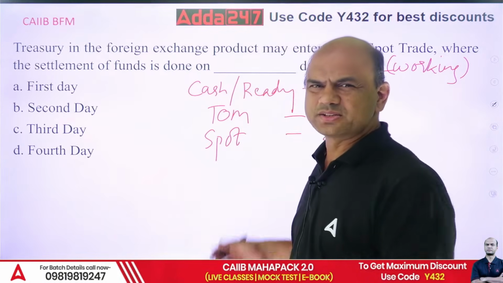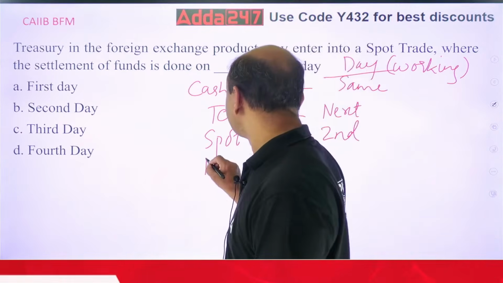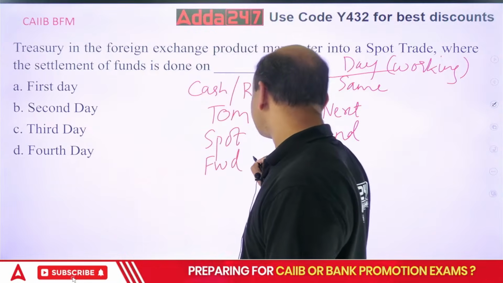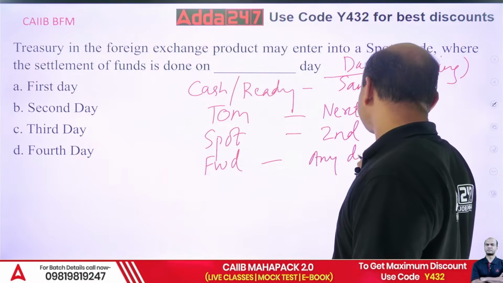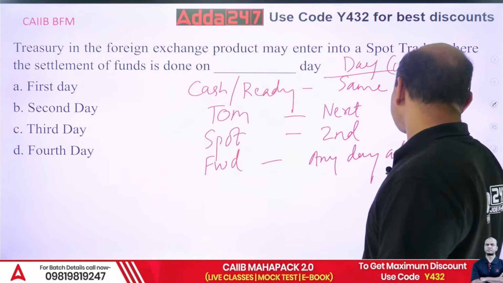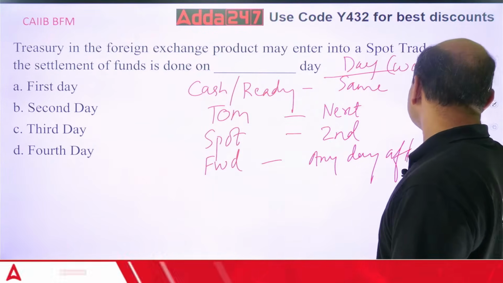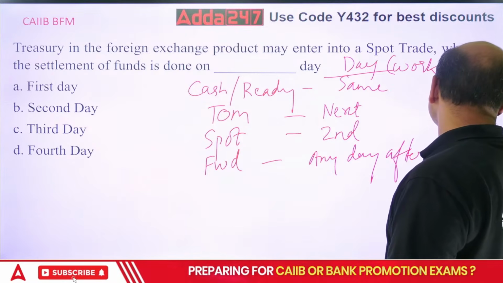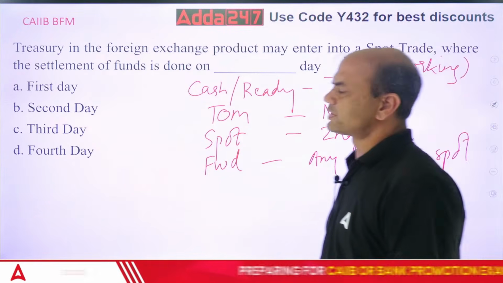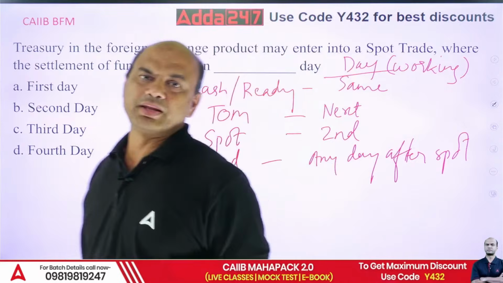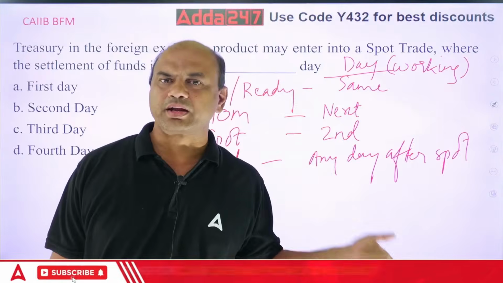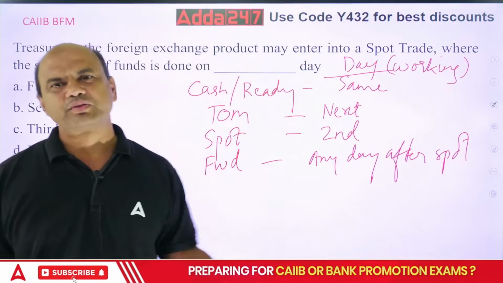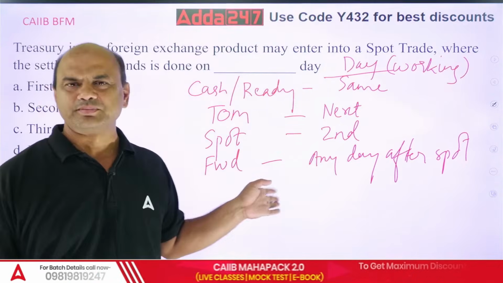And then the last one is your forward. That is any day after spot. So this is the meaning of all these: cash, tom, spot and forward. One more is there, future, but future and forward are the same.